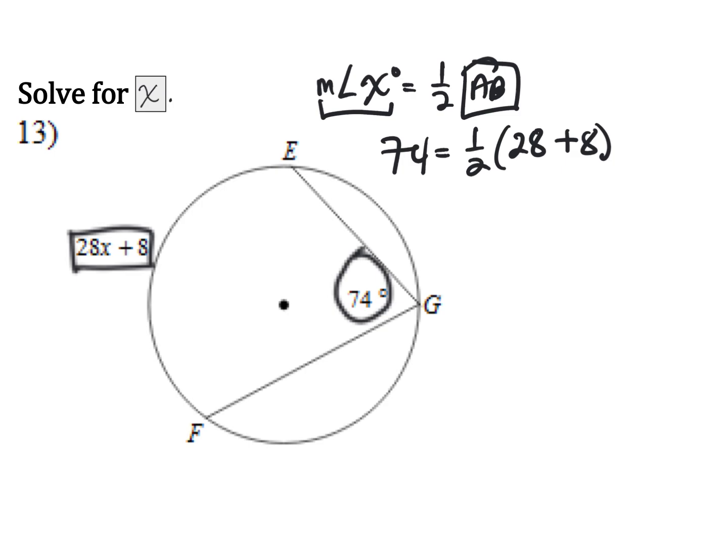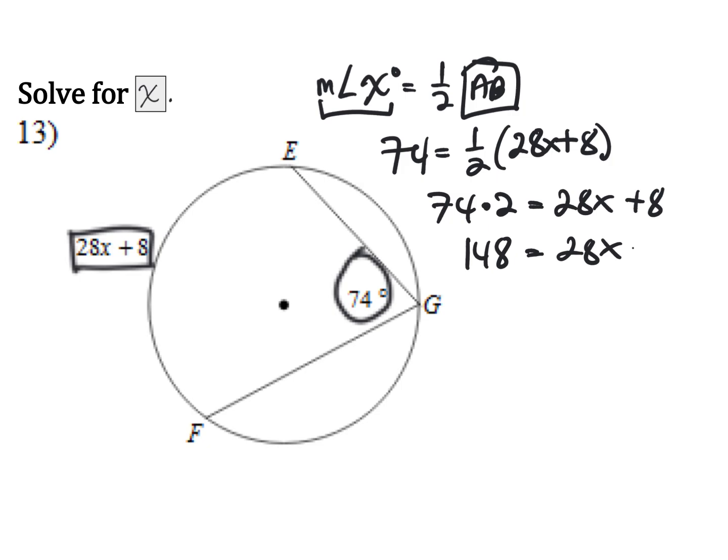We cross multiply, so that's going to give you 74 times 2 is equal to 28x plus 8. Now, 74 times 2 is 148, equal to 28x plus 8. Minus 8, minus 8.